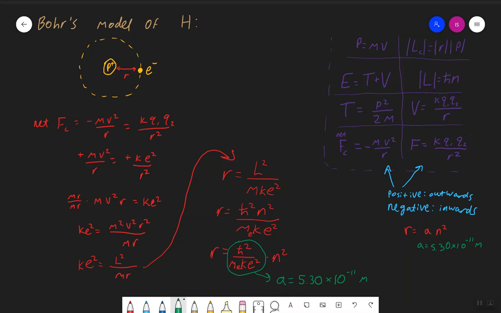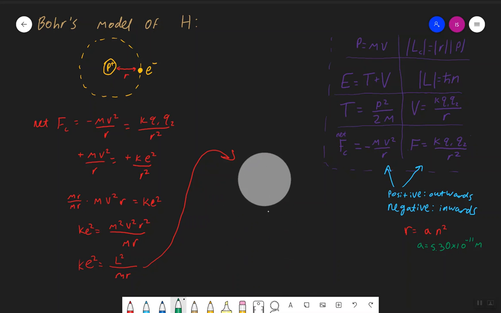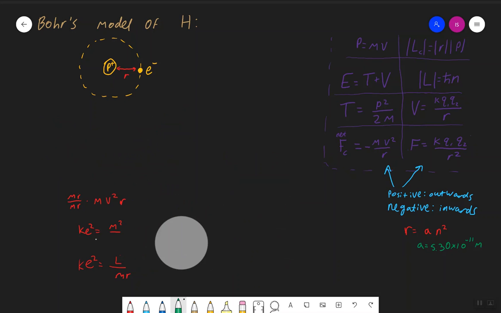So I'm going to erase this. Hopefully you have this all written down if you would like to have it written down. This is definitely an important derivation to know, just in terms of how physics has developed over time. Okay, so we can start with our equation for energy.